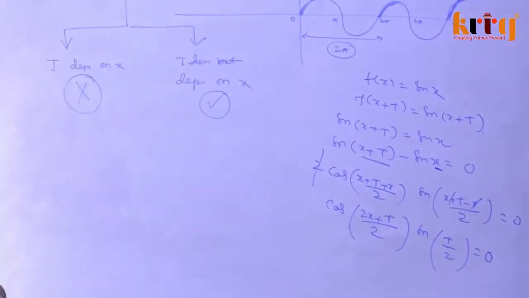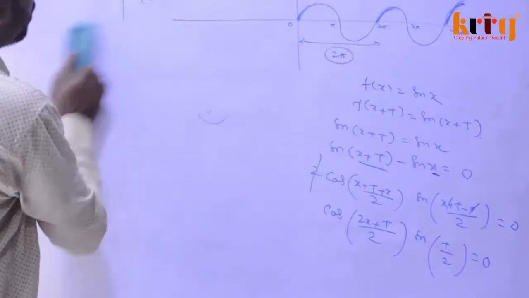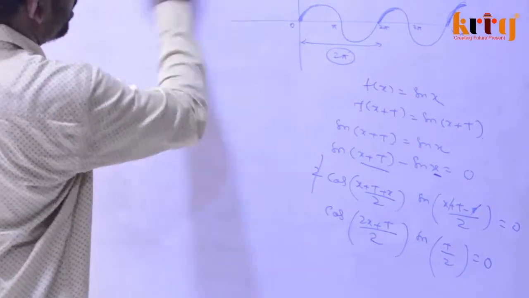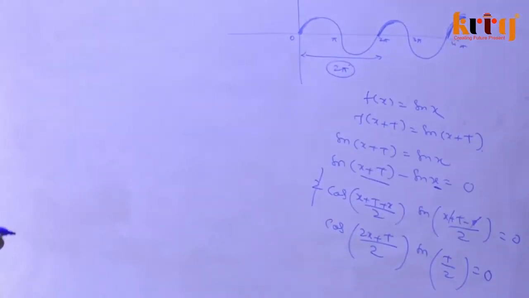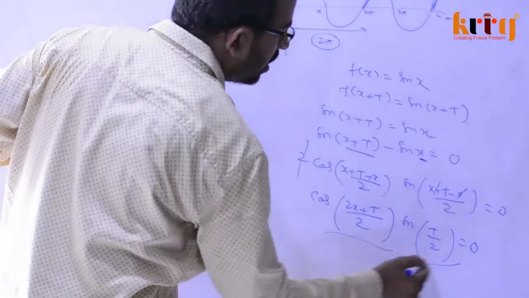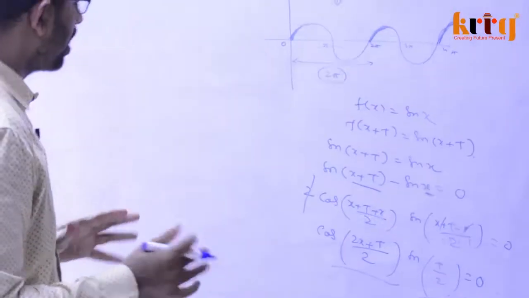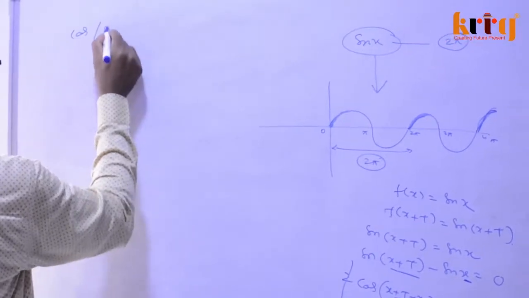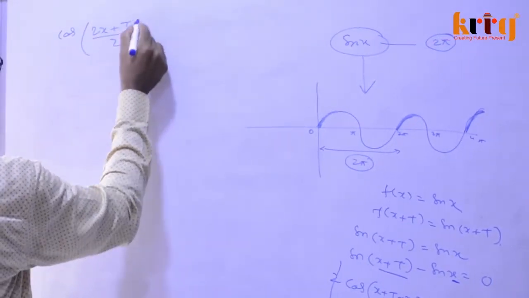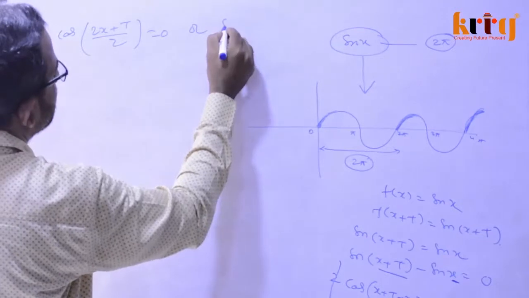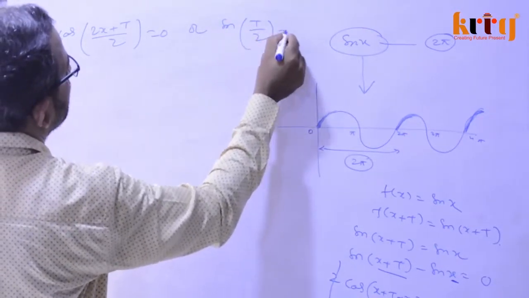We have to notice one important point here. Whenever you see that the product of two numbers is 0, any one of them must be 0, either both or any one. That means cos of (2x plus t) by 2 is 0, or sin of t by 2 is 0.